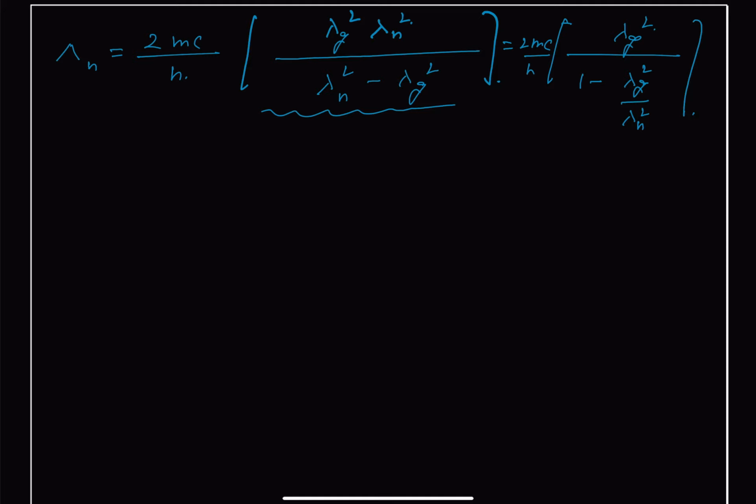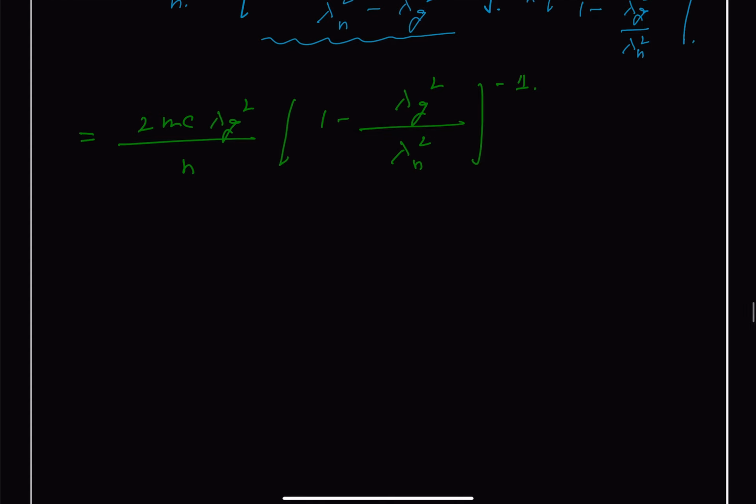This can be further written as 2mc lambda g square upon h, and this is equal to 1 minus lambda g square upon lambda n square, whole raised to the power minus 1. And we can expand it binomially, and this will be giving us 2mc lambda g square upon h times 1 plus lambda g square upon lambda n square.